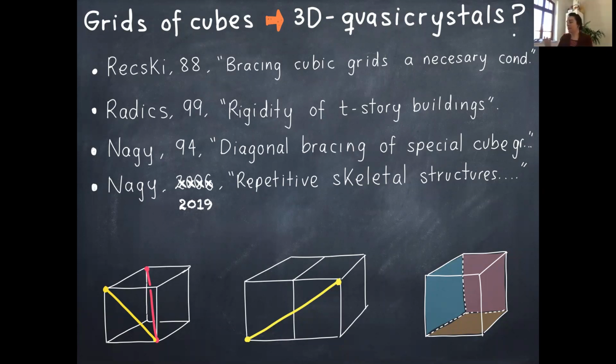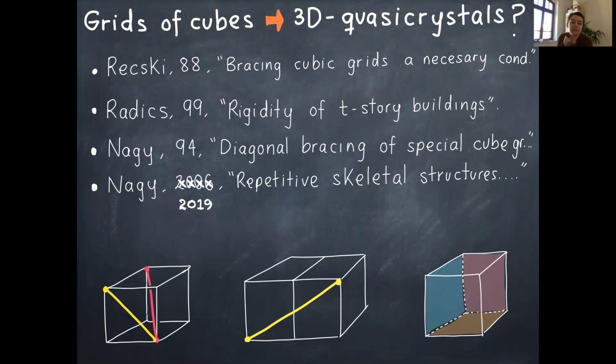My goal is to see if we can generalize the 2D rectangular framework to the 3D cubical grid, and hope that we can do that for 3D quasicrystal frameworks as well.